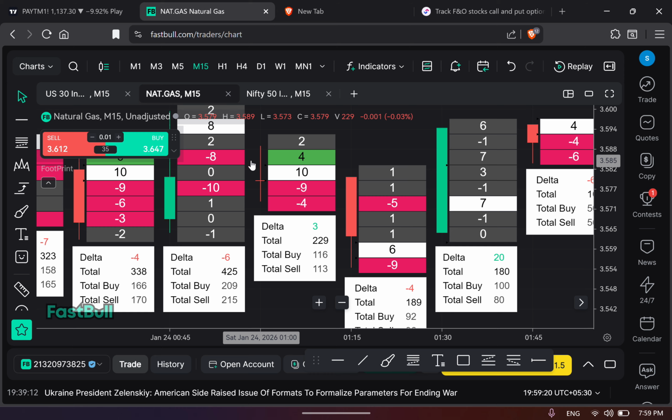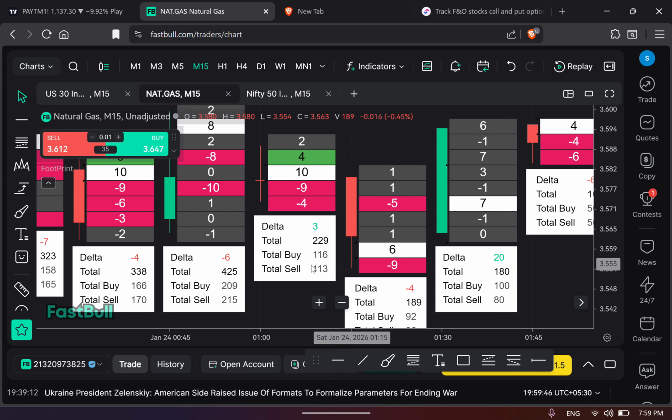So buyers are aggressive at this doji on the top. And here negative 9 means 9 contracts were sold more than bought, so sellers are in control. This is the way you can see at each candle's price levels who is in control. Delta is clearly saying total aggressive buyers minus aggressive sellers.